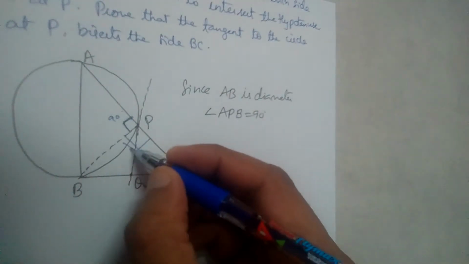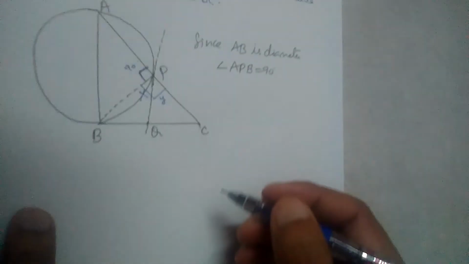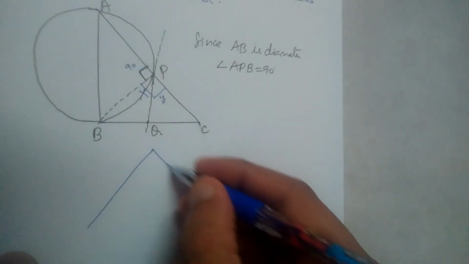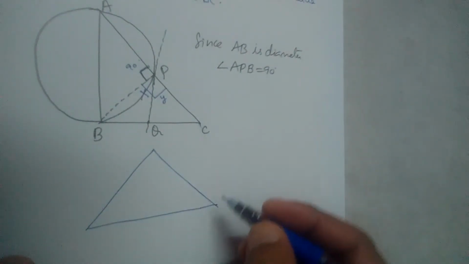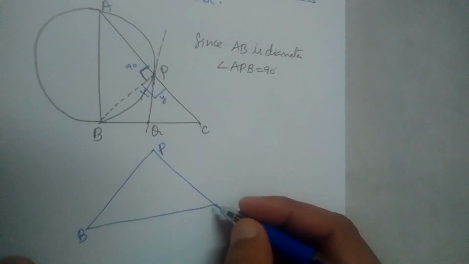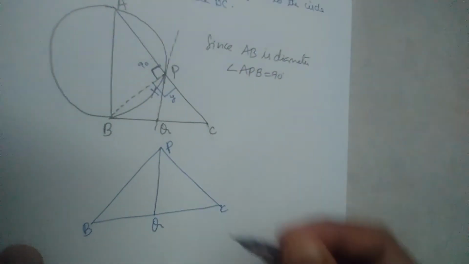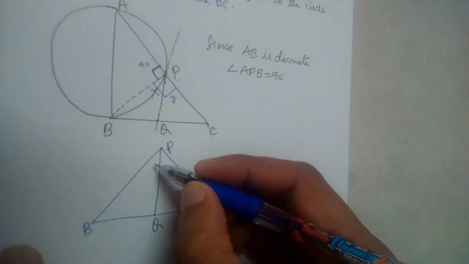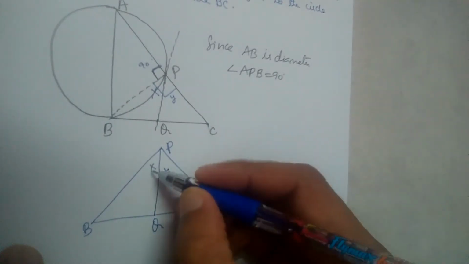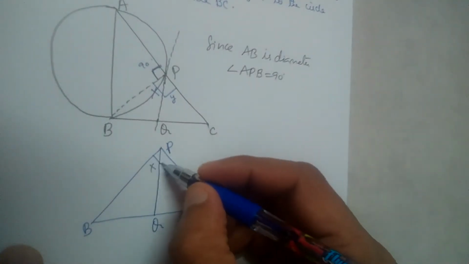So let this be X, let this be Y. Let me draw the triangle again. So P, B, C, and this is Q. So this whole part was 90, right? So that means let this be X, let this be Y, and this is 90 degrees.